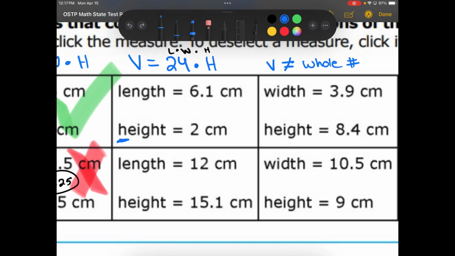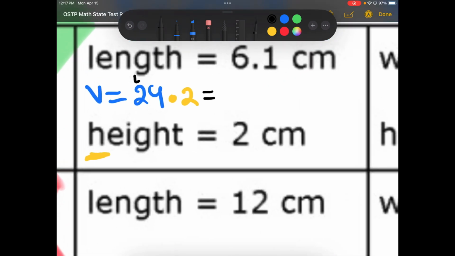So I'm going to take this height and do 24 times 2, which is the height. It's going to give me a number, and that number cannot be a whole number. This is my length times width, and this is my height.